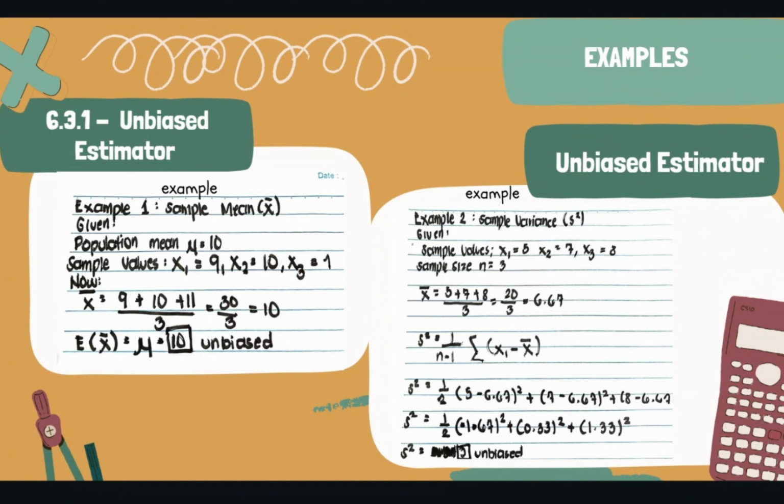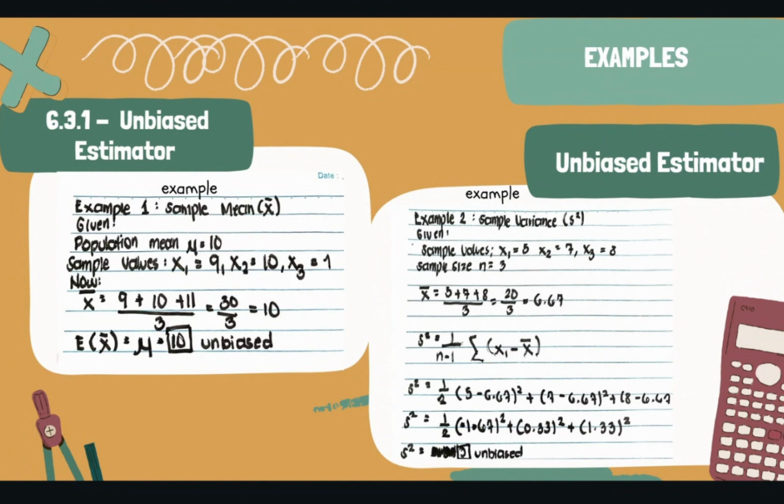The sample variance equals 1 over n minus 1 times the summation of each sample value minus the sample mean, squared. So the sample variance equals 1 half times 5 minus 6.67 squared plus 7 minus 6.67 squared plus 8 minus 6.67 squared. That is 1 half times negative 1.67 squared plus 0.33 squared plus 1.33 squared.